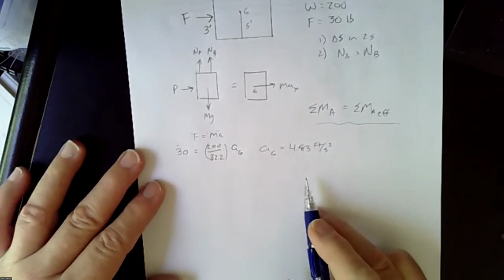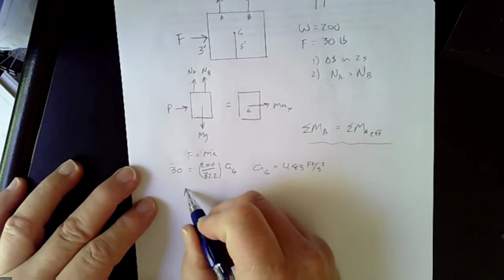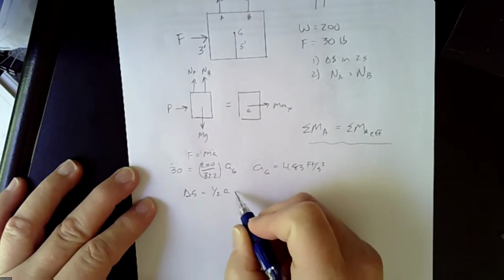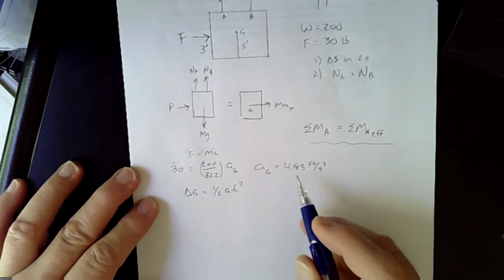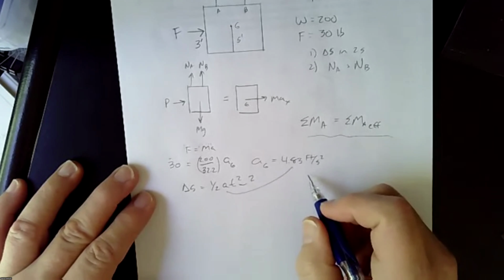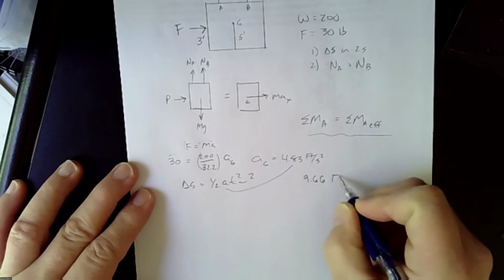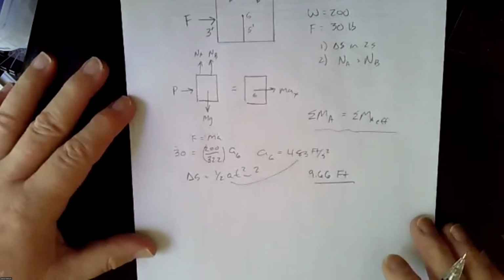So if we want to know how far it goes in 2 seconds, it's just delta S equals what? 1/2 a t squared. So if we substitute in this for a and 2 for t, then we quickly have our answer. So 9.66 feet is how far it goes in 2 seconds. So that's chapter 12 stuff.